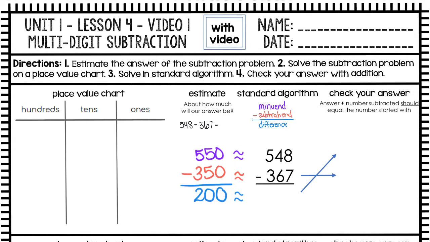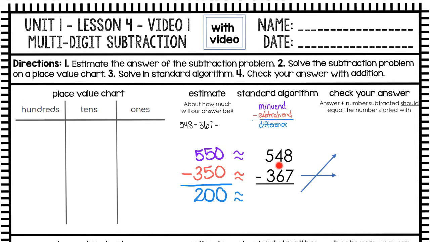We're estimating first because when we find our answer in our place value chart or using standard algorithm, we want to know if it's going to be about right. If I get a number in the 800s, I'm going to know that I made a big mistake because it's nowhere close to 200.